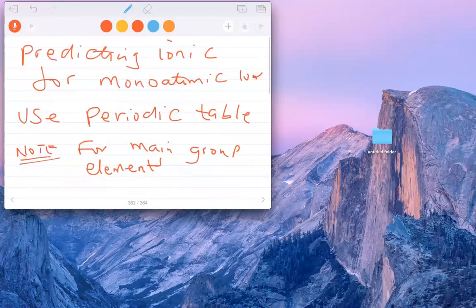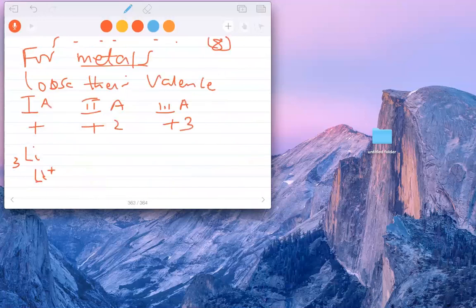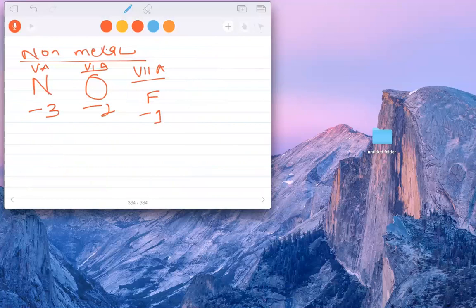So you should now be able to predict the ionic charge given the periodic table. And for polyatomic ions, you should memorize them. I'll post that table online so that you are able to use it to write the correct formula.